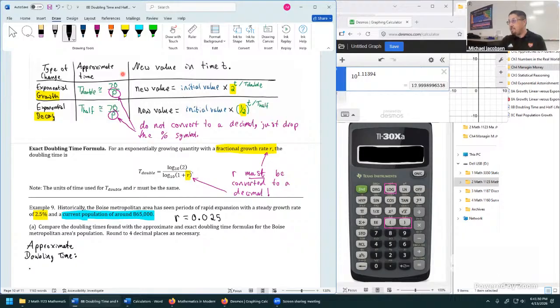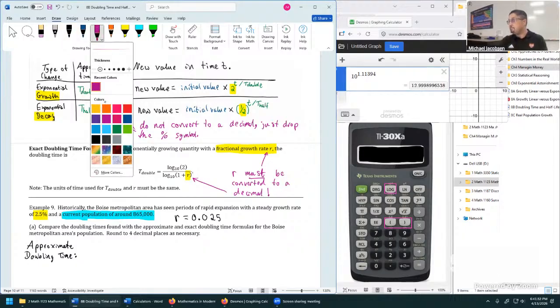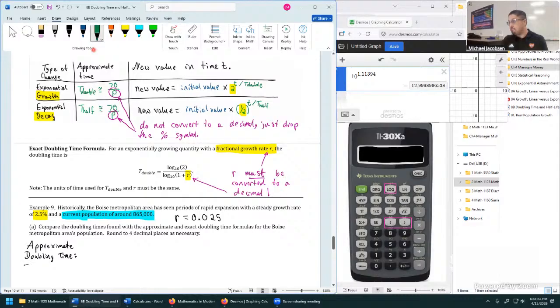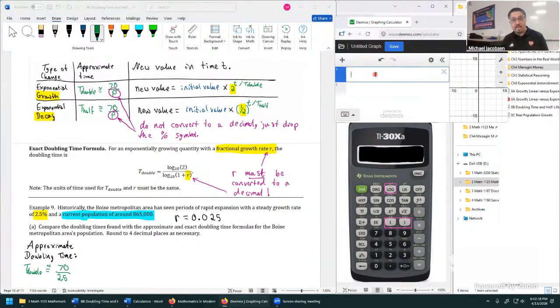All we have to do is take t double equals approximately 70 divided by, and it's weird because see the notes above, this growth rate of 2.5%, in the formula, no conversion, drop the percent sign, 2.5, then back in the calculator, just simply 70 divided by 2.5 to give us 28 years altogether.